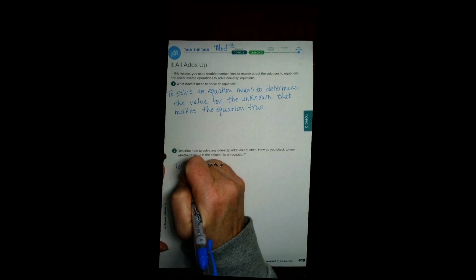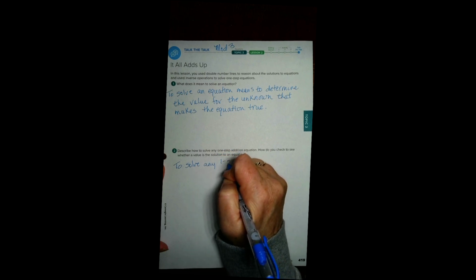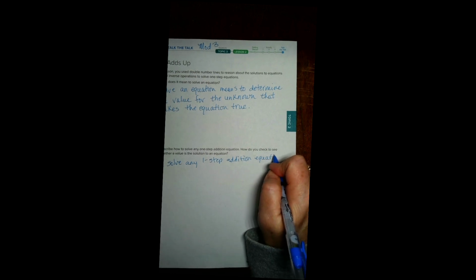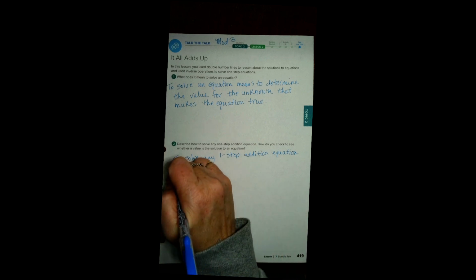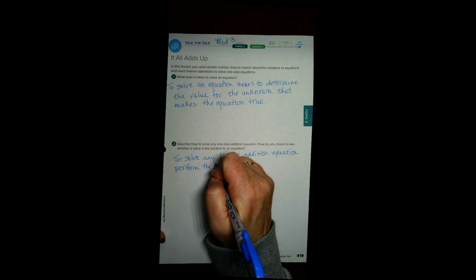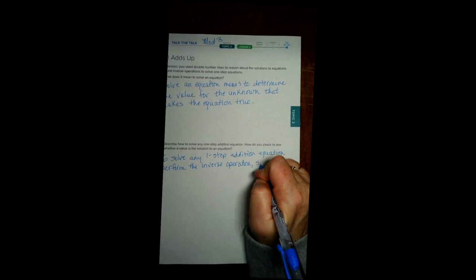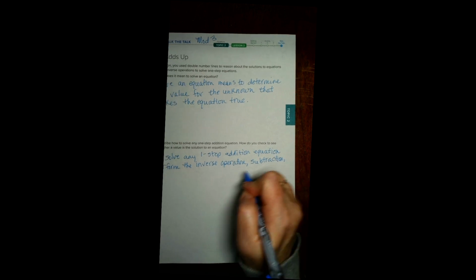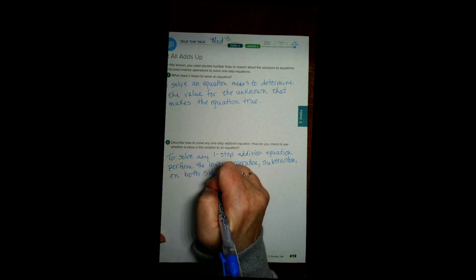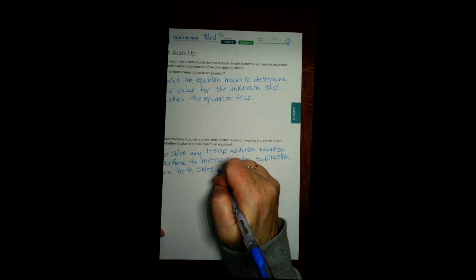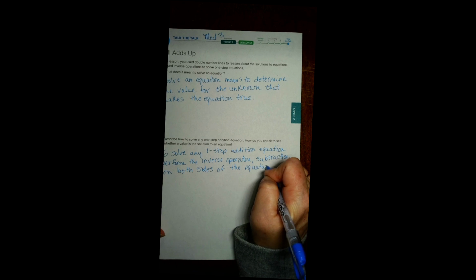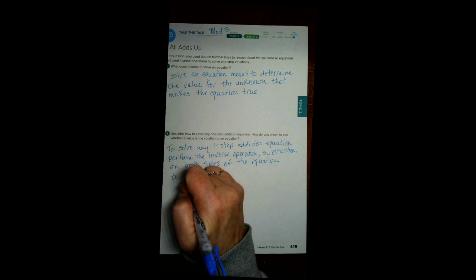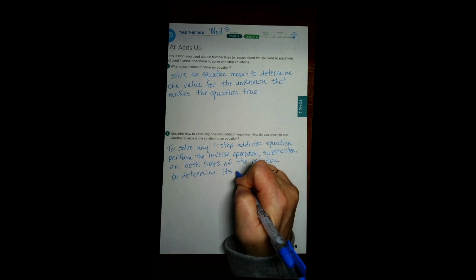So, to solve any one-step addition equation, perform the inverse operation, which is subtraction, on both sides of the equation to determine its value.